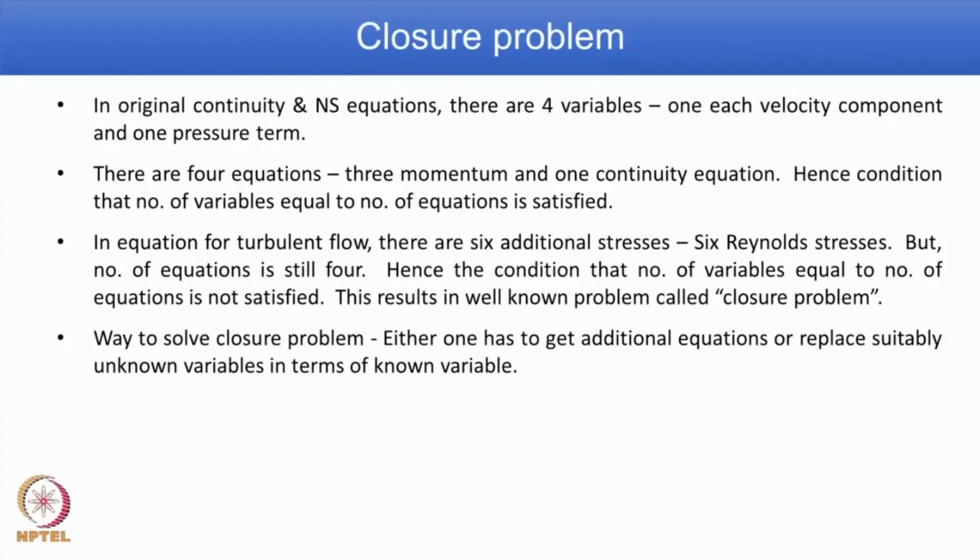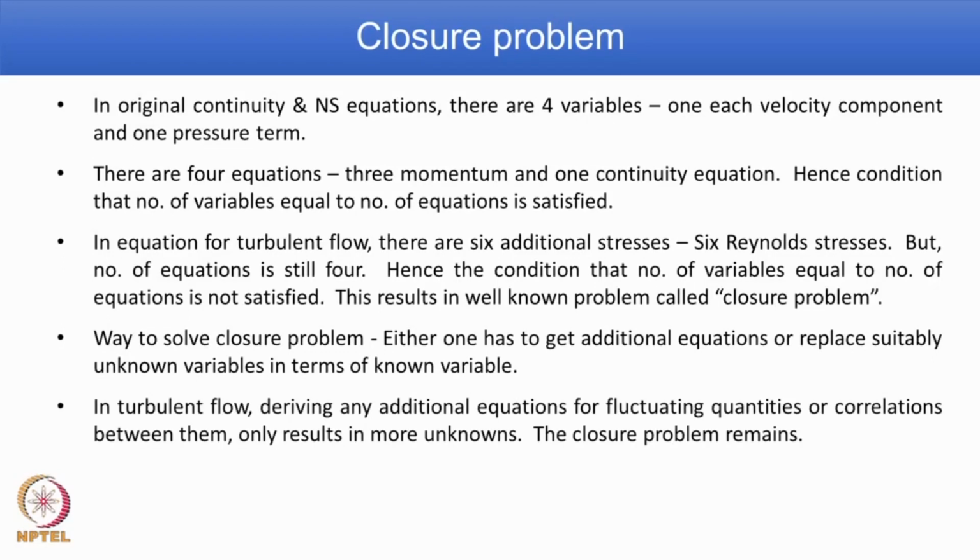There are 2 ways of solving this closure problem. Either in some way or other you get additional transport equations or PDEs, or you suitably replace the unknown variable in terms of known variables, which is what is known as turbulence modeling. In turbulent flow, if you try to derive additional equations, it is possible for each fluctuating quantity separately, also for stresses, and if you happen to do so, you will notice at the end it only results in additional unknowns.